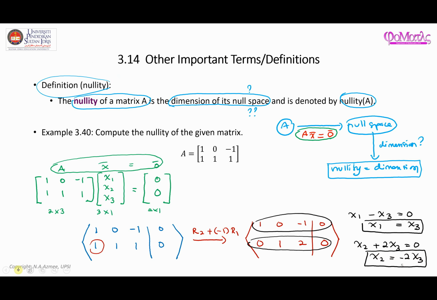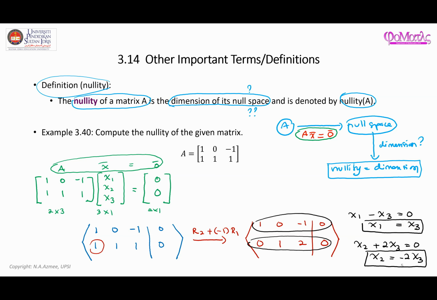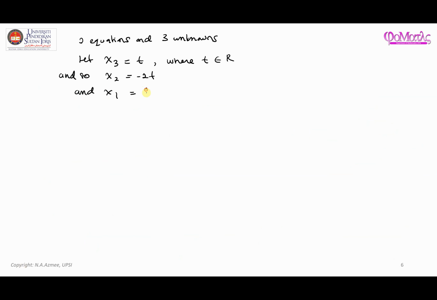So x3 is t, so negative 2t, and the value of x1 is equal to t.